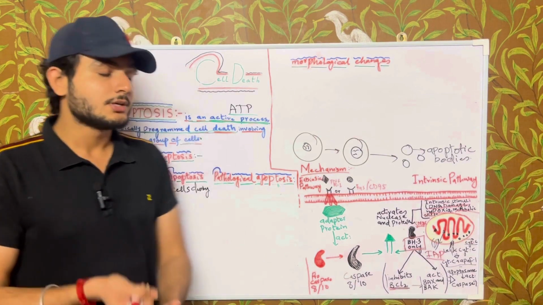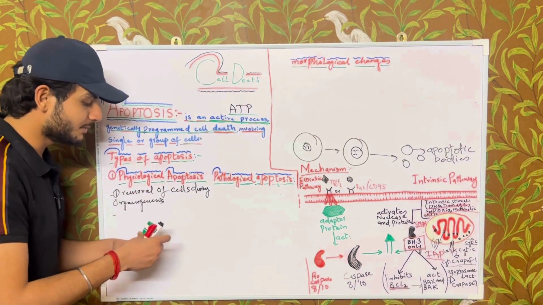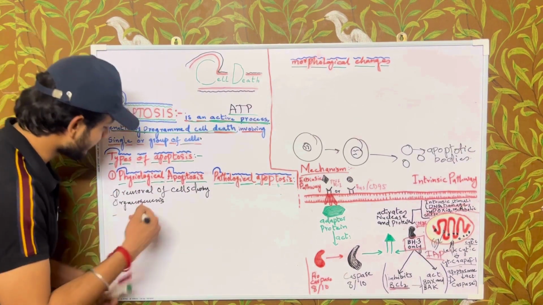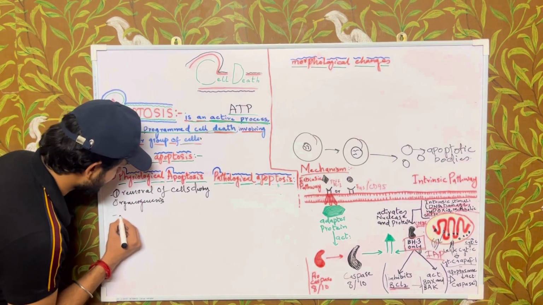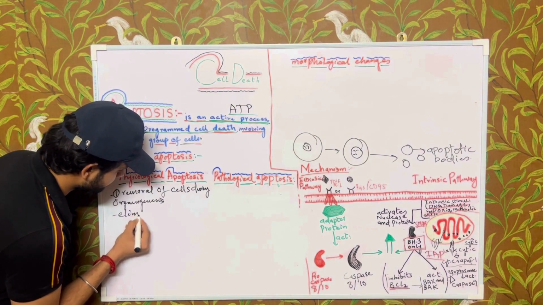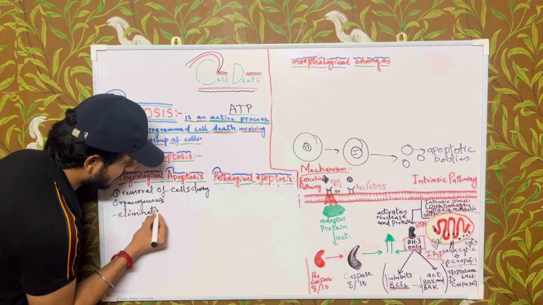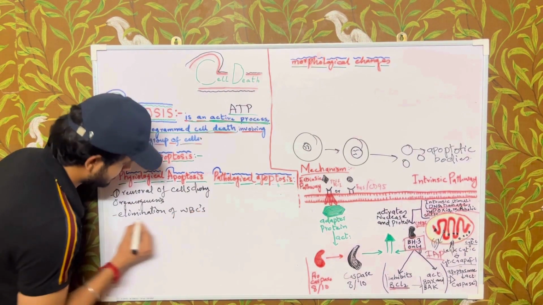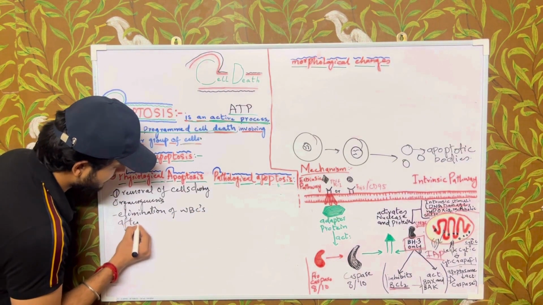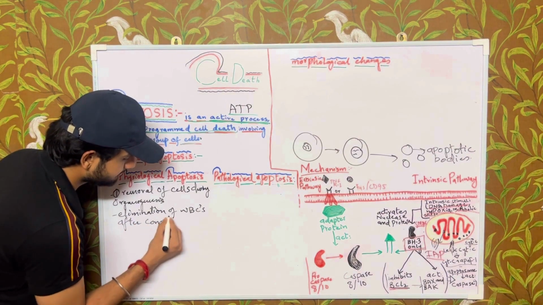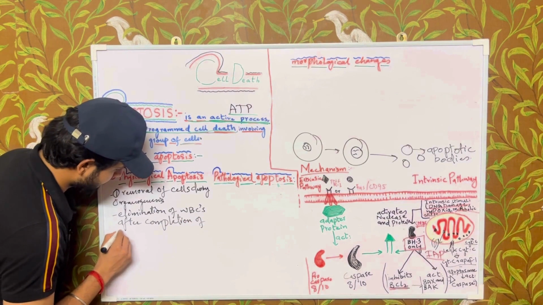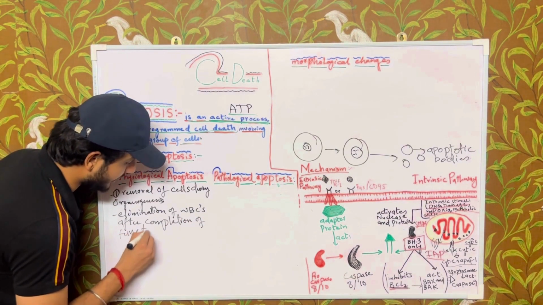So the removal of WBCs after the completion of their function occurs through physiological apoptosis. Okay, so this was the second example.